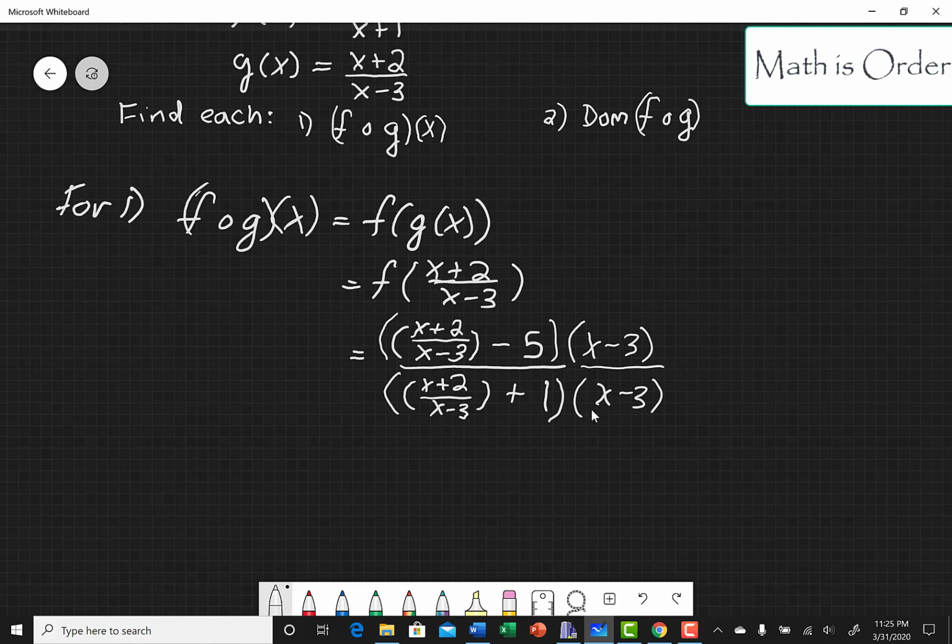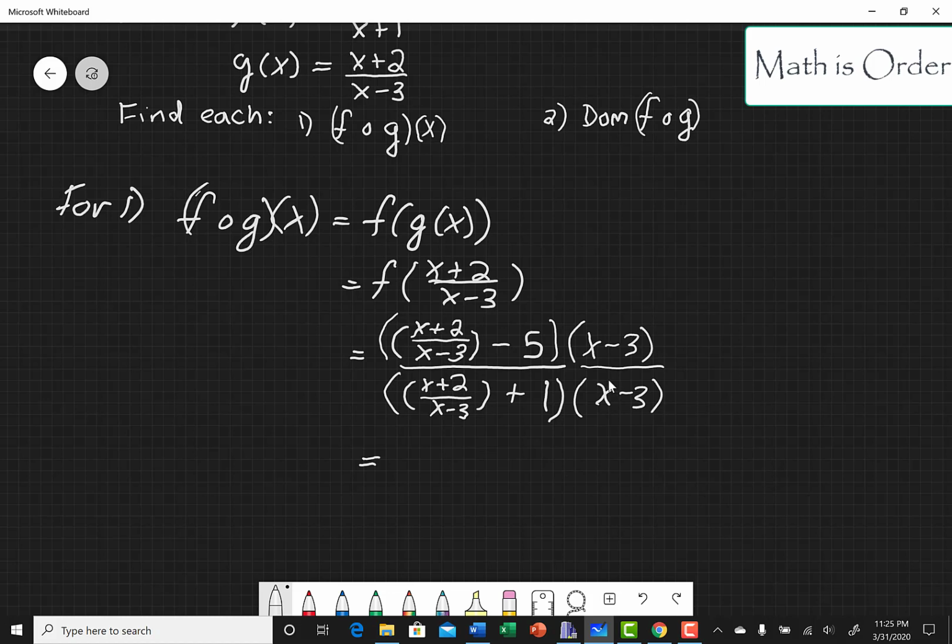So the net effect of what we're doing is nothing. I mean, this simplifies to 1.